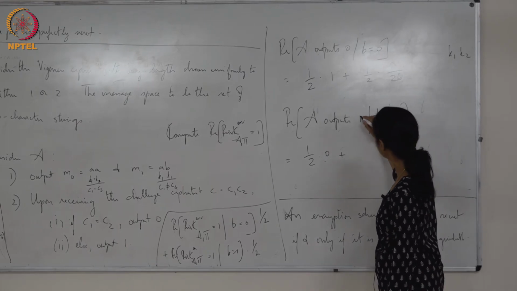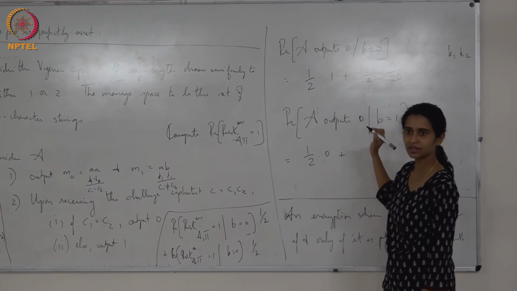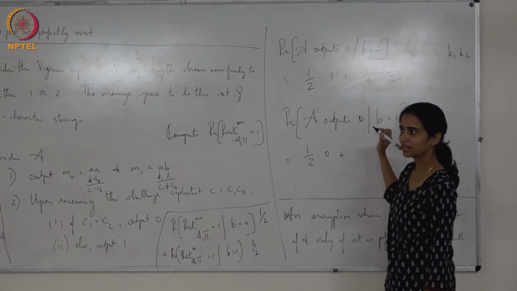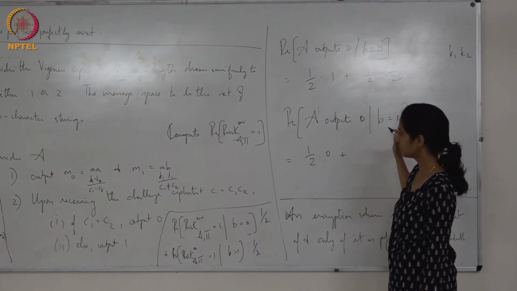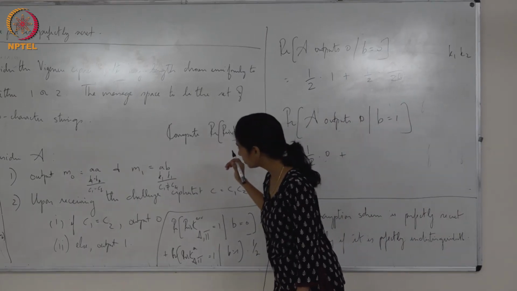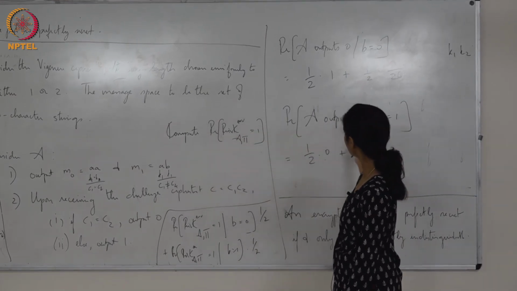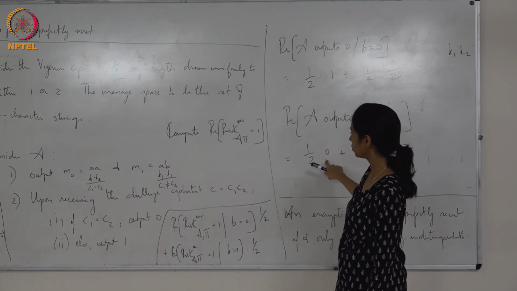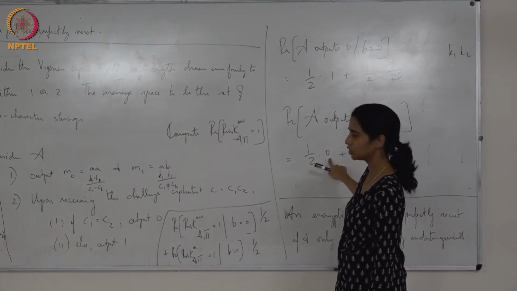You're computing this. No, it's A outputs 1 given B equal to 1. A needs to output 1, that is when... But then this is not 0, right? So then it's half into 1. It's 0.